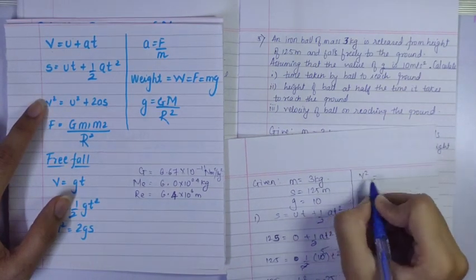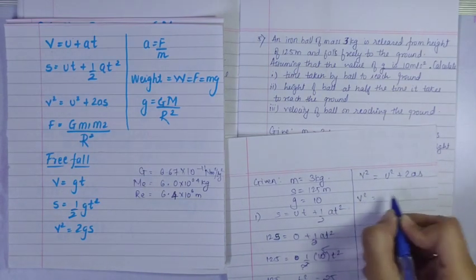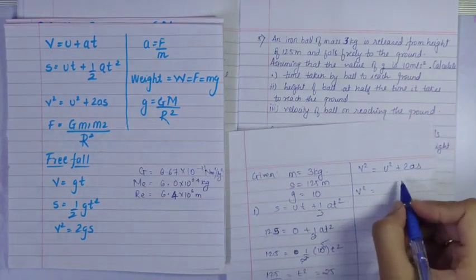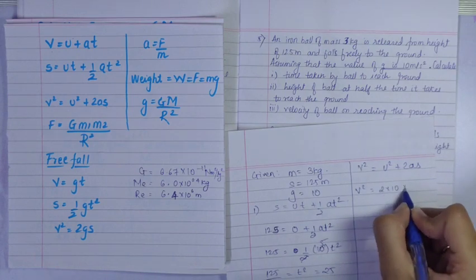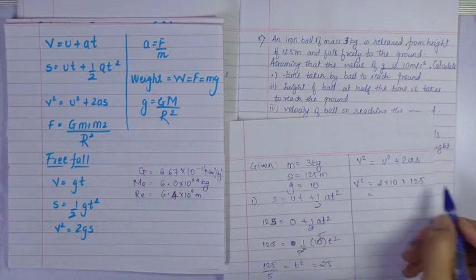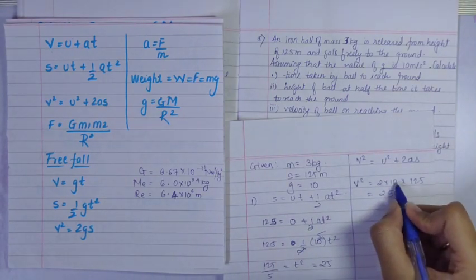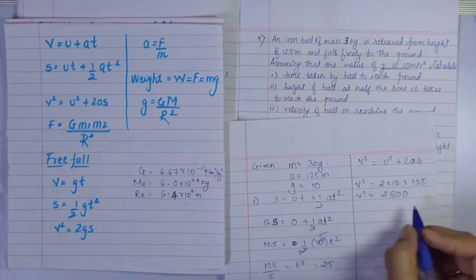V square is equal to U square plus 2AS. So V square is equal to U is 0, initial velocity, 2 into 10 into, what is my S? 125. So 125 into 2 will be 250 and then multiply by 10. So V square is equal to 2500.